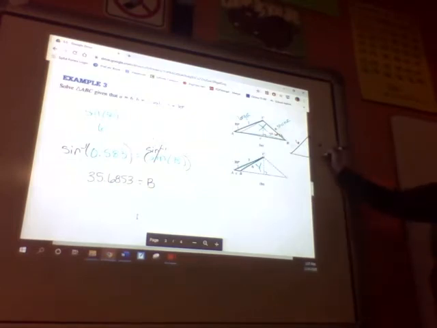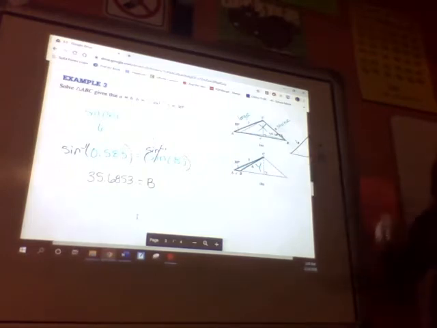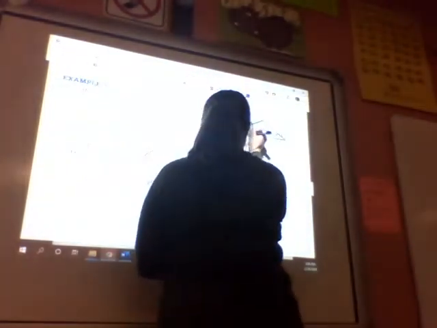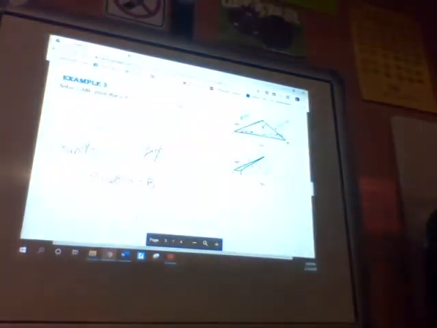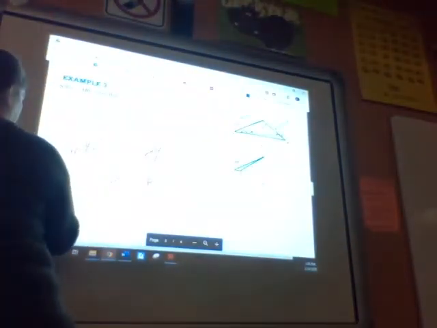If this is 35.68, what is this base angle? Because it's an isosceles triangle, this is also 35.68. What would be this angle of angle Y then? If 35 of it is there, but it's a linear pair with another angle, it's 180 minus that. So then the other angle B is 180 minus it.